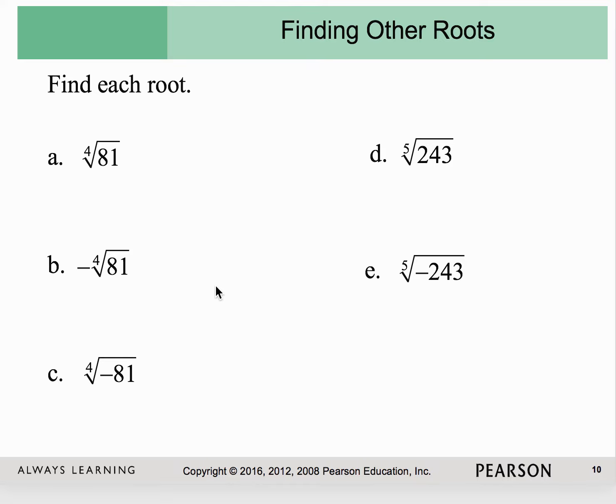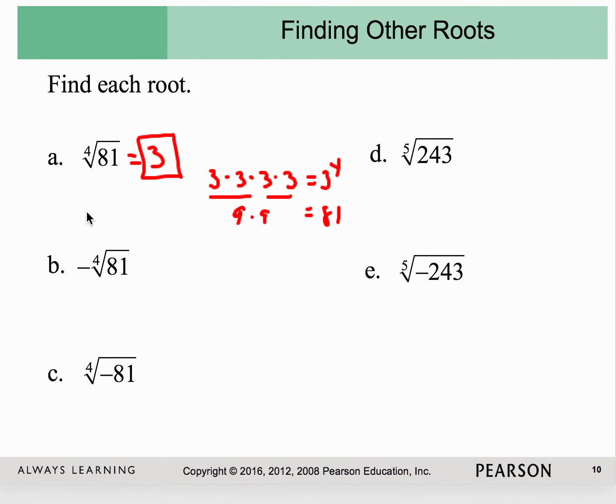So for the most part, not 100% of the time, if you've got 4th or 5th or 6th roots, then you're probably looking at 2 or 3. Or else the number is going to be huge. So this is an odd number. It's not going to be 2. Let's see what 3 times 3 times 3 four times is. Oh yeah, that's 9 times 9. Okay, 3 to the 4th is 81. That means the 4th root of 81 is 3.